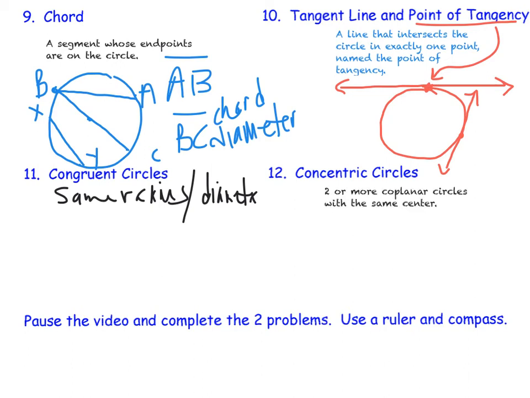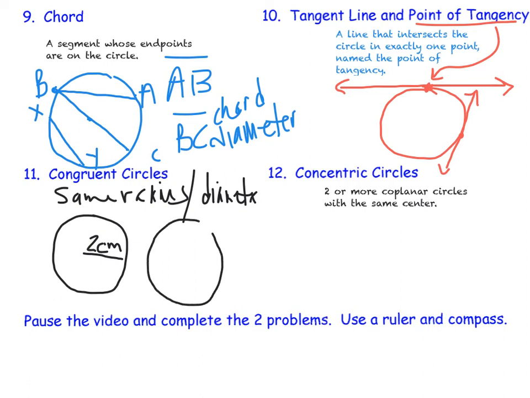Coming back over here to the congruent circles, they have the same radius. Let's say this one is 2 centimeters. If you didn't want to say 2 centimeters for the radius, this one, to be congruent, would have to have a diameter of 4 centimeters.